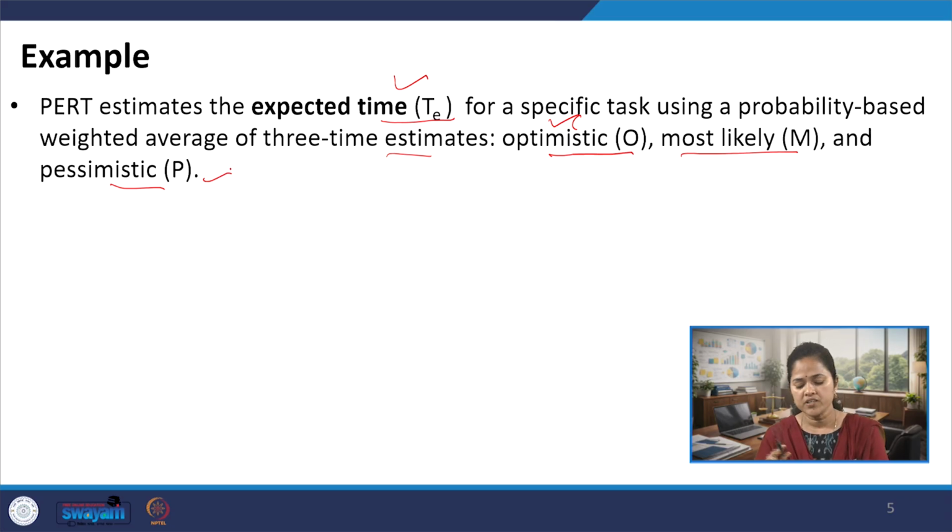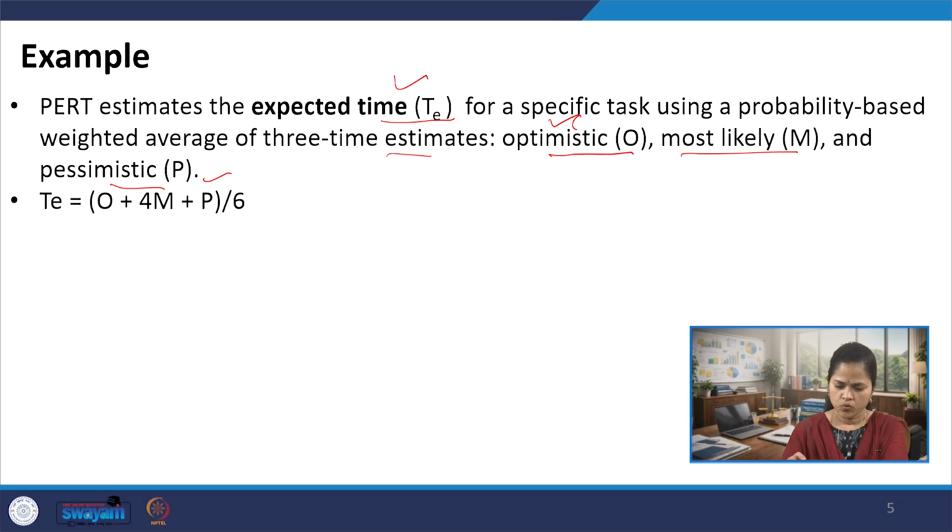Given these three probability-based weighted average estimates, we can find out the expected time for a specific task, since we are discussing policy implementation or program implementation. When these three estimates are given, we can find the PERT estimate, that is the expected time, denoted by TE. How to calculate?